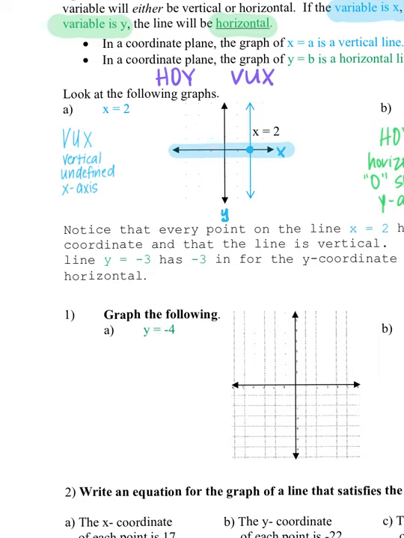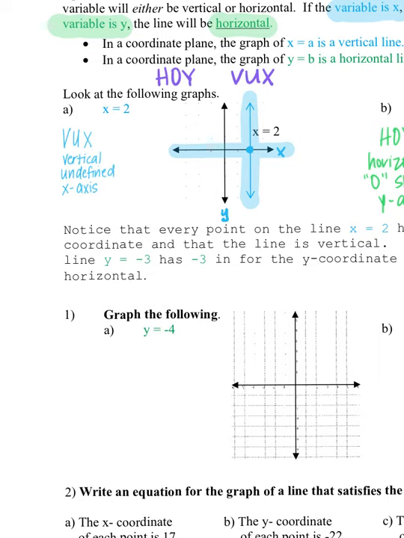And that means our line goes up and down, or it's vertical. We would never draw a line straight through the x-axis. So when a point is on the x-axis, we want the line to be perpendicular to the x-axis.